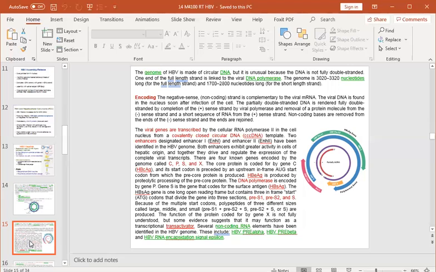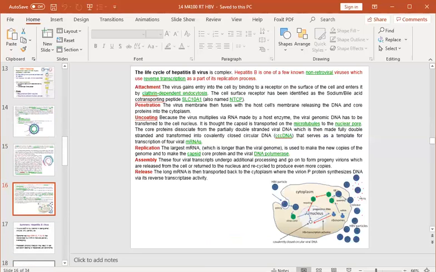For those of you who, like me, may have forgotten about some of these details, I would strongly recommend you take a look at it. And lastly, we have a summary of all of these steps that we talked about, including the attachment, penetration, uncoating, replication, assembly, and release of hepatitis B virus.